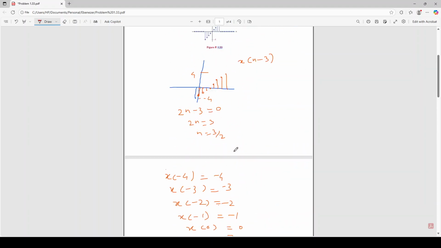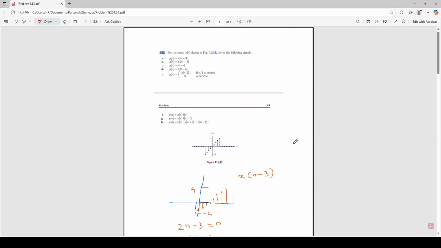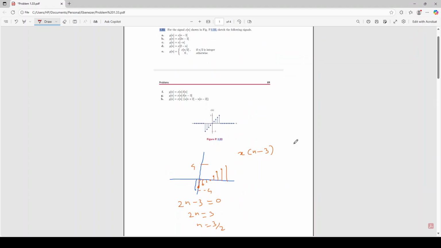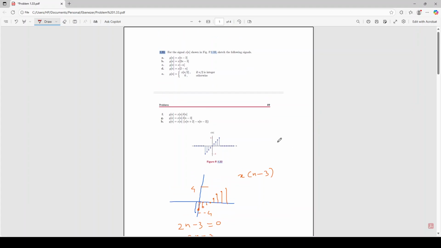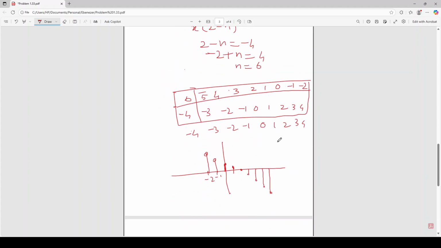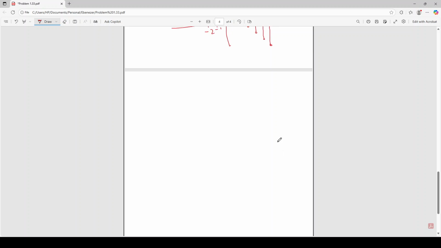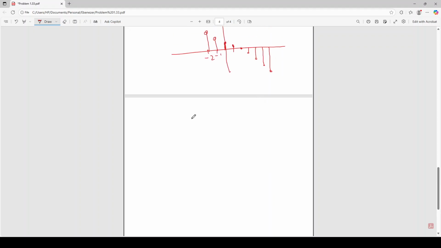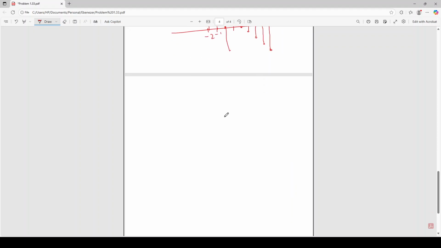Now, what is the next question? x[n/2] if n/2 is an integer, otherwise it is 0. What is x[n/2]?